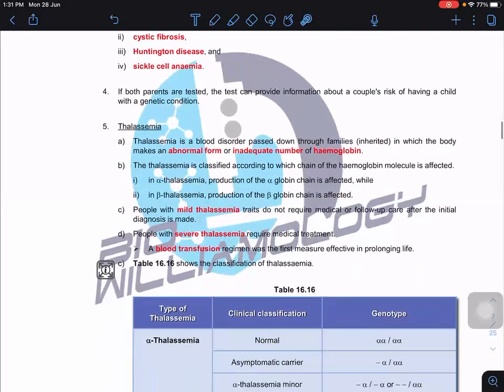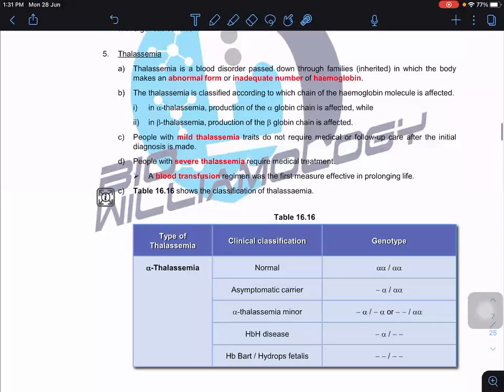If both parents are tested, it can provide information about the couple's risk of having a child with the genetic condition. Now, thalassemia is an abnormal form or inadequate number of hemoglobin. People with mild thalassemia do not require any medical treatment, but with the severe form, they need blood transfusions.